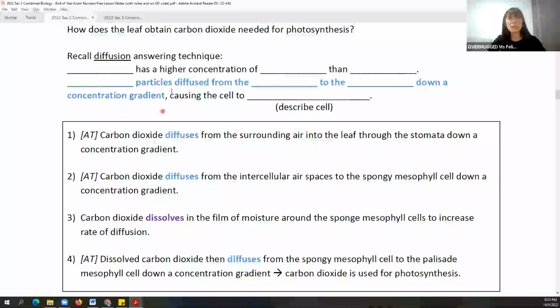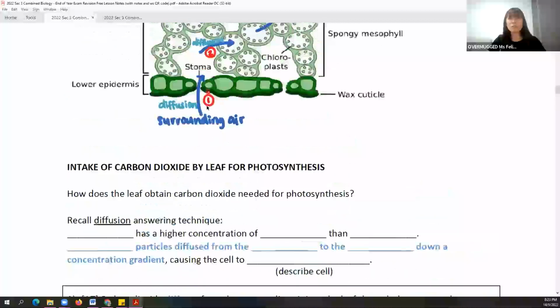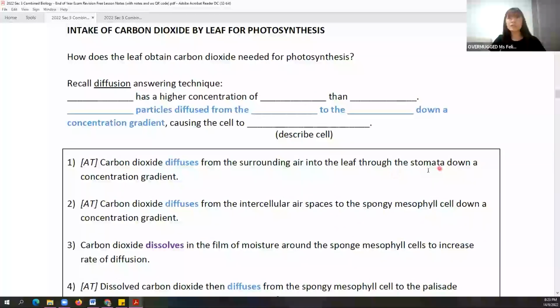Carbon dioxide diffuses from where to where? It diffuses from the surrounding air into the leaf through the stomata. That's number 1, which I've labeled over here. Then just continue to copy down a concentration gradient. Full stop.